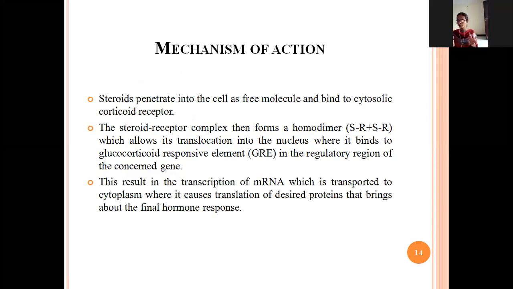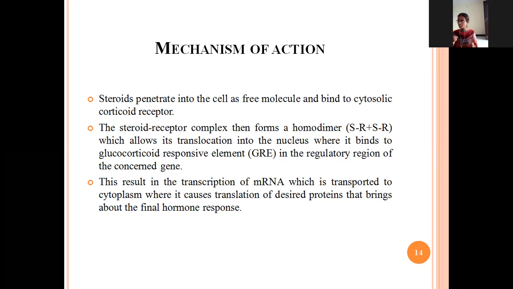So this steroid receptor complex then forms a homodimer which allows its translocation into the nucleus, where it binds to the glucocorticoid responsive element in the regulatory region of the concerned gene.